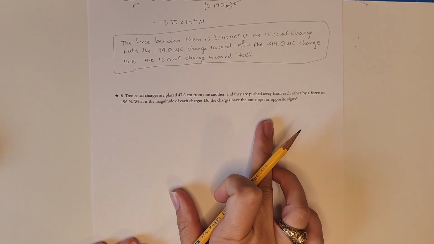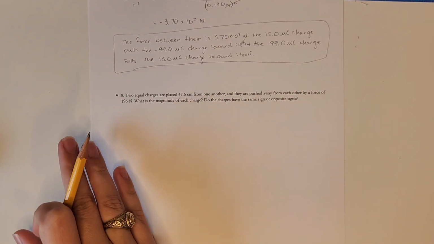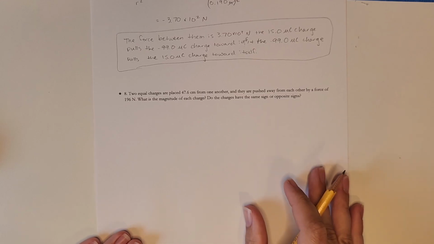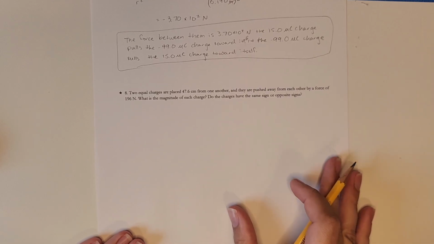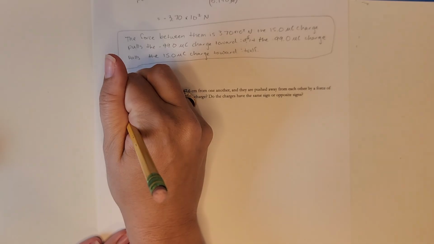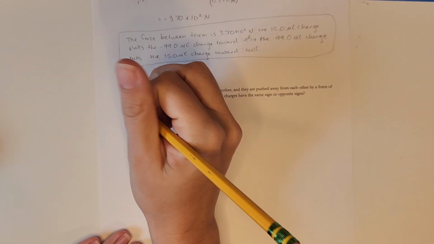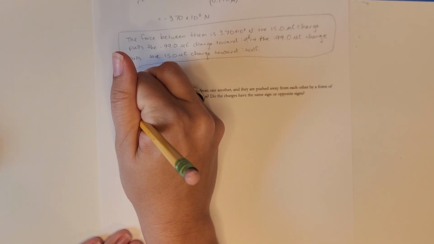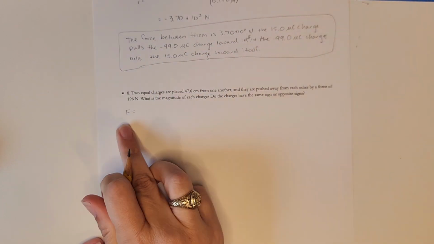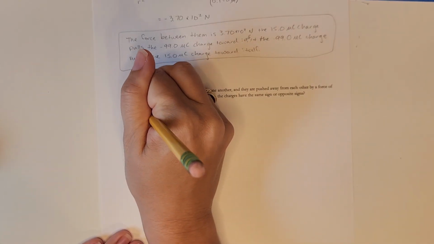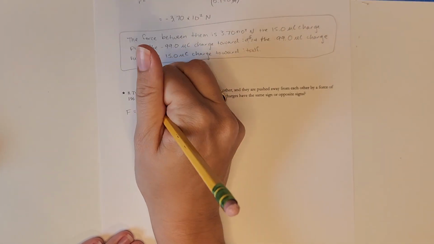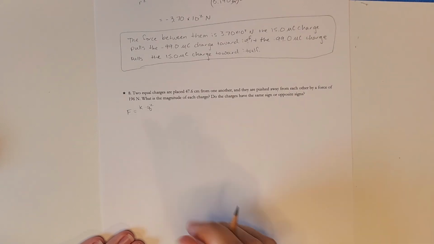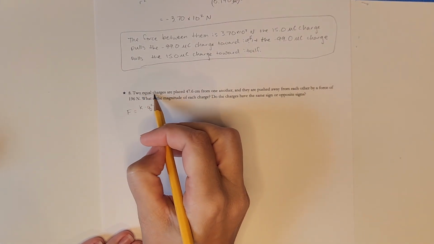For the rest of this, we can put in Coulomb's law, and we are solving, of course, for the Q's, what those charges are. Let's write out Coulomb's law, and then we will rearrange it to solve for that. So our force equals our Coulomb's constant times, instead of saying Q1 times Q2, we're just going to say Q squared because they have the same charge.